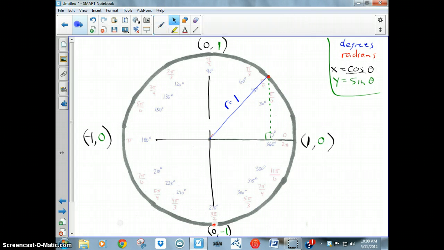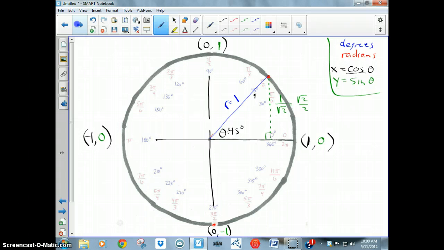Well, what do I have? Well, theta, or my reference angle, is 45 degrees. Okay, so this is a 45, 45, 90 triangle, which makes the green side the distance 1 over the square root of 2, which is equal to the square root of 2 over 2.